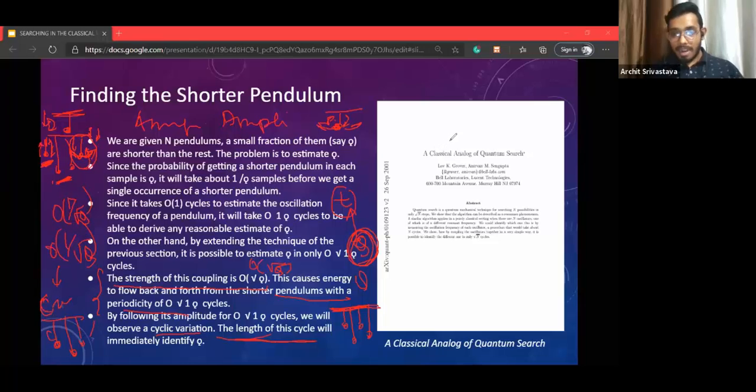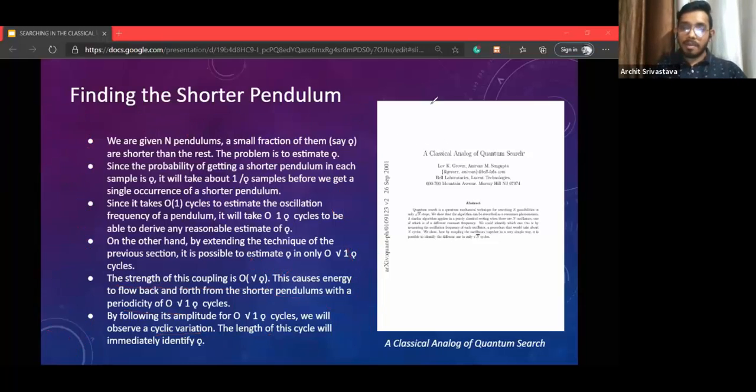So this is what the whole paper was about, and at the end I'll talk about the paper. After this I'll give one more analogy and a brief description.